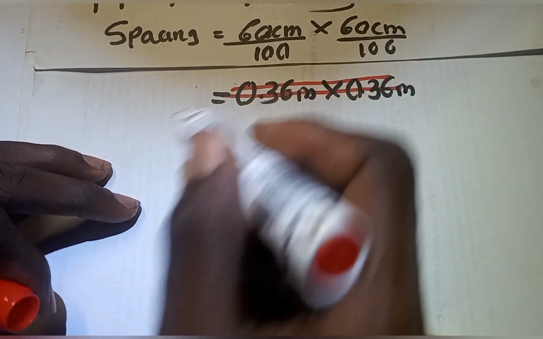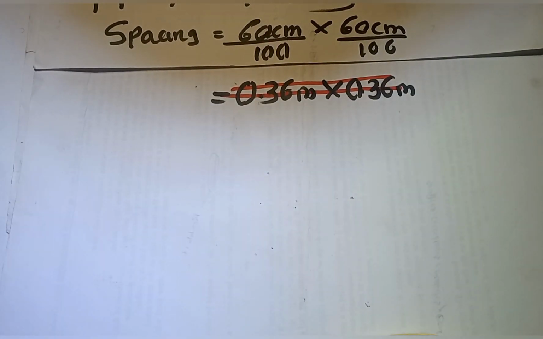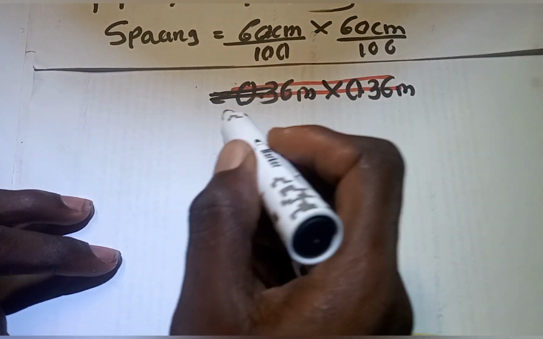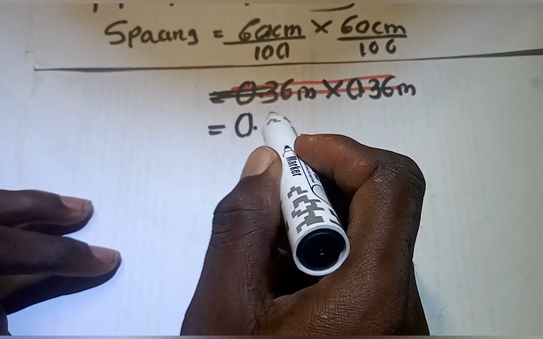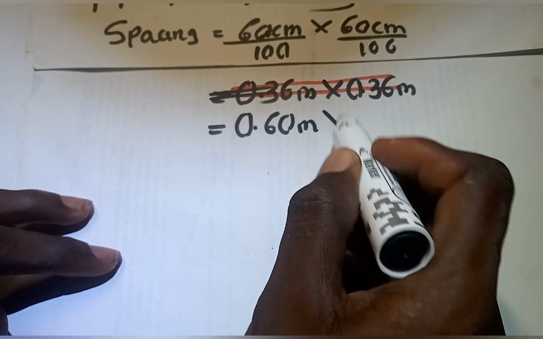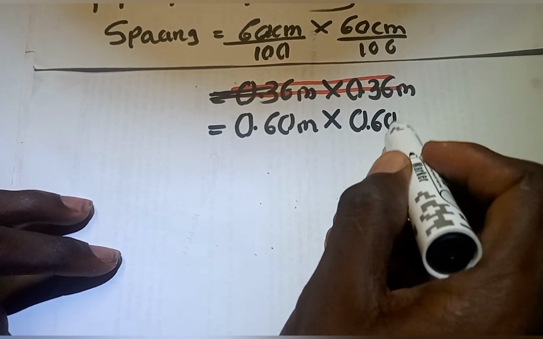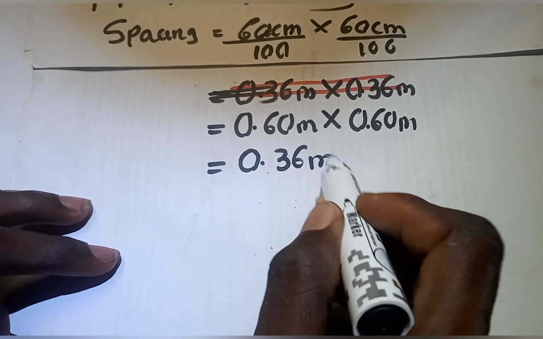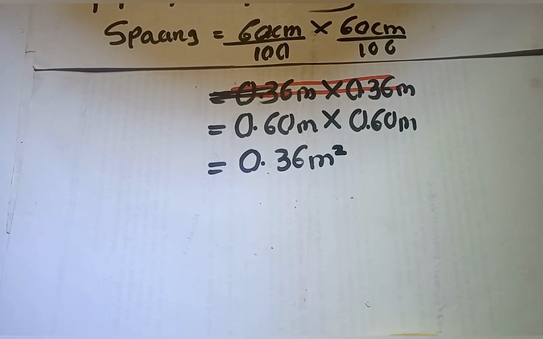It is not 0.36, it's supposed to be 0.60. So I'm going to have 0.60 meter multiplied by 0.60 meter. So that will be 0.36 meter square. So this is the value of the spacing in meter square.